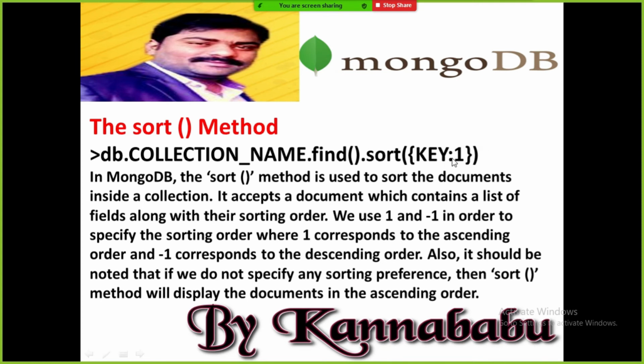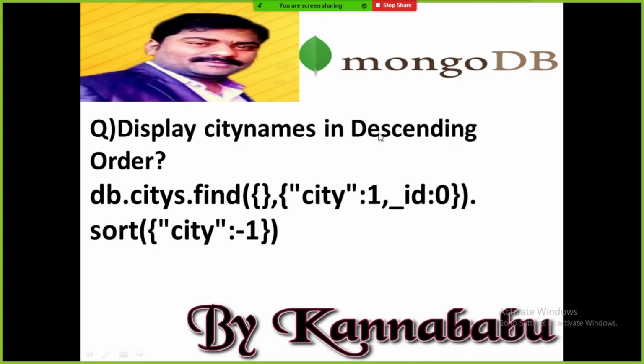Don't confuse. Several times you can see 1 and -1, some 1 and 0 in MongoDB. Means it will always represent 1 means true, 0 means false. Here in this sorting concept, 1 means ascending order, -1 means descending order. So I want to display the city names in descending order. Only city names, not all the records.